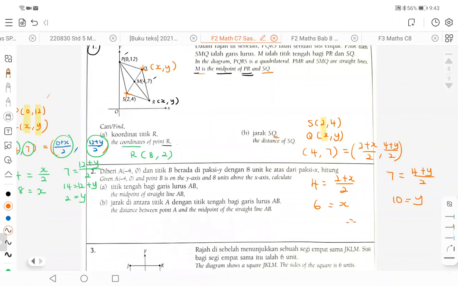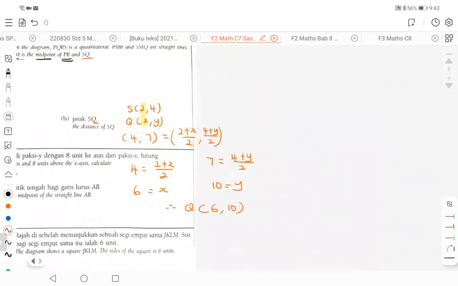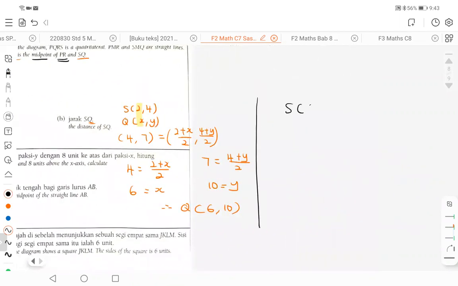Point Q is (6, 10). Then one more step. Find out the distance of SQ. x, y is already known, 6, 10.